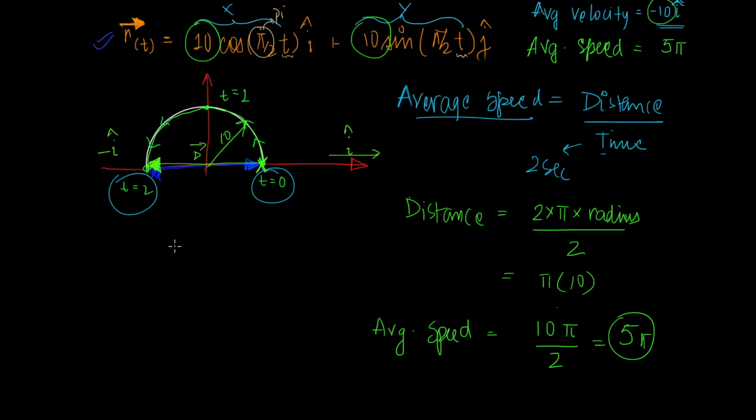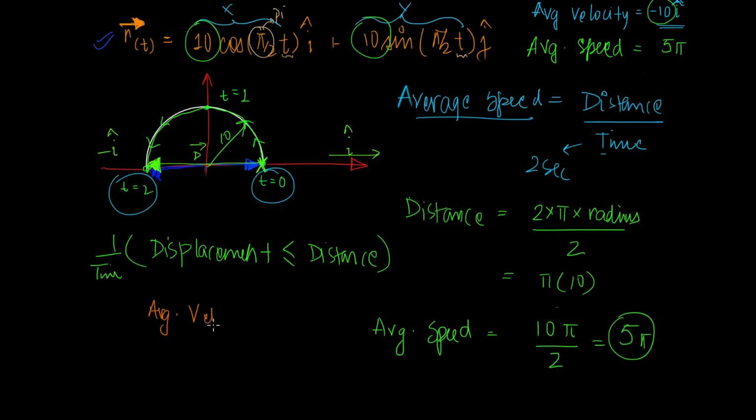So displacement is almost always smaller than or equal to distance. And if you divide this expression by time, you get another expression in terms of velocities: average velocity, which is displacement by time, is less than or equal to average speed, which comes from distance by time, not displacement by time.